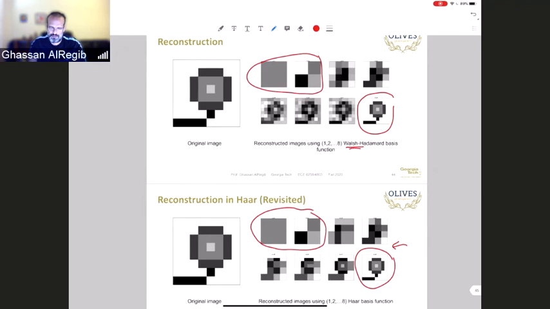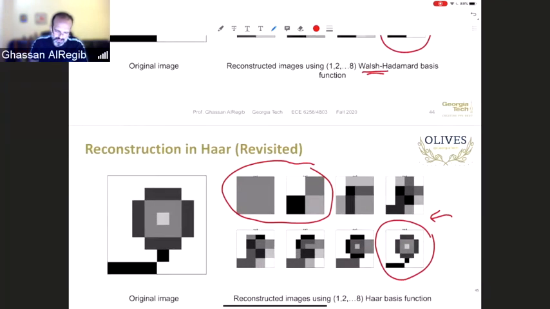So the first thing you should look at, let's look at this example here. You start to see basically the image take shape, right? Look in here. A really big part of the image is starting to take shape. Exactly, so thank you, Pratik. The approximation is really spread throughout the image, while in the Haar it is really localized.